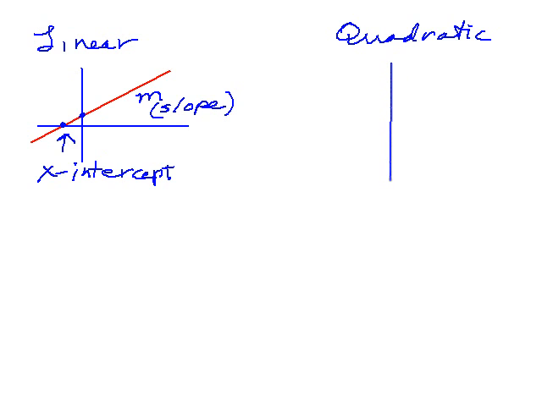And for the quadratic equation, its graph is a parabola. Let's say the parabola looks something like that. Now, we no longer look for the slope.